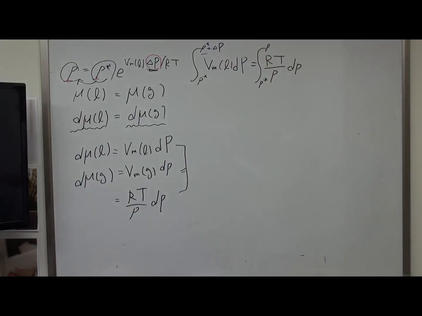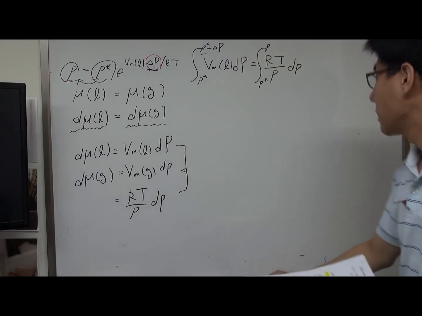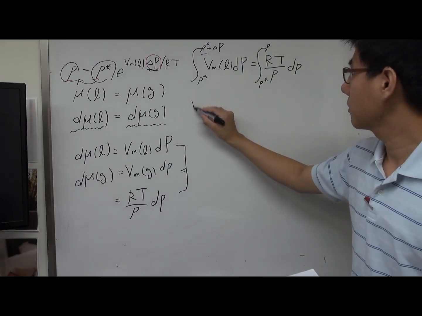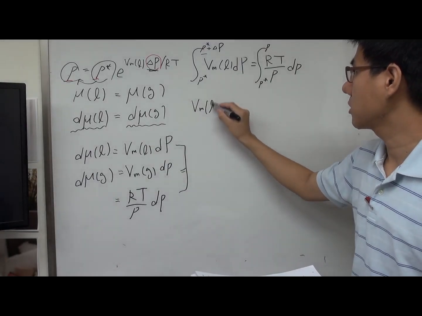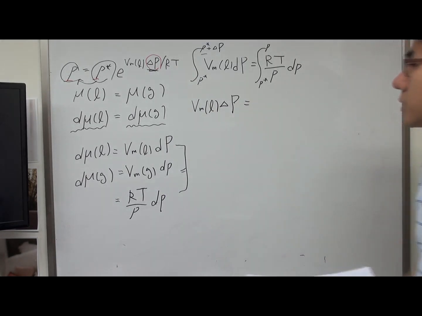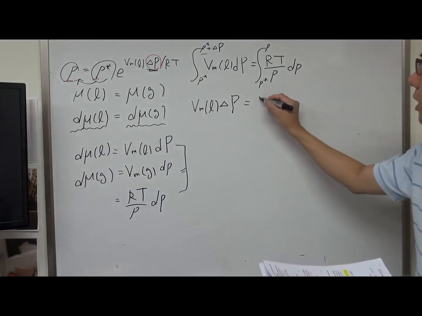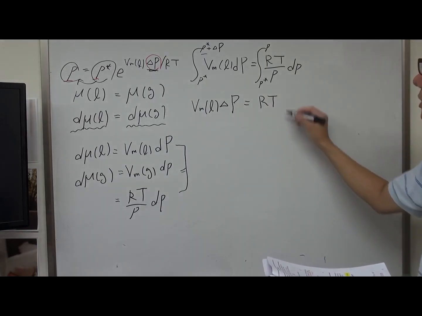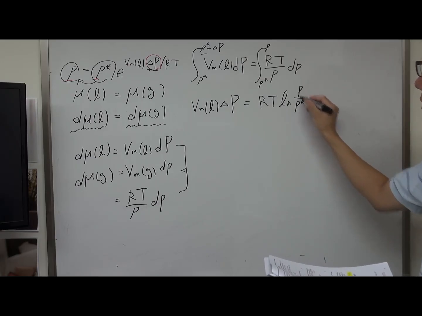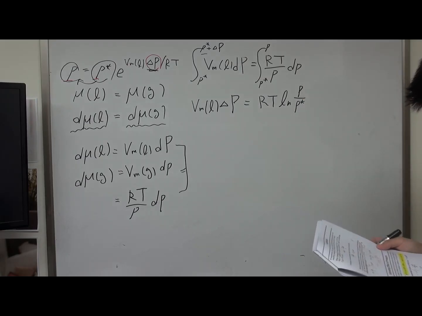Okay? You can simply assume it. Alright? And let's do the integration. Okay? Here, simple, right? Molar volume of liquid is basically constant. And we get delta P. Right? Here, RT is basically constant. Right? Log p over p star. Okay?